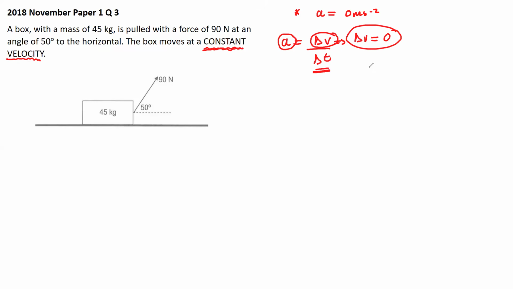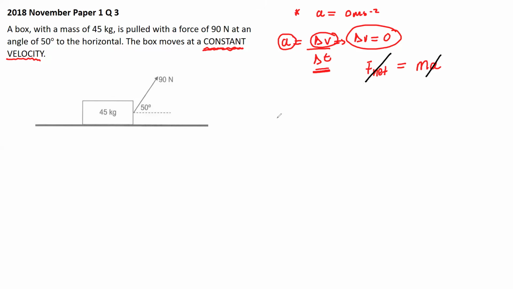But here's what it means further. Newton's second law told us that F net is mass times acceleration. Therefore, if the acceleration is 0 at constant velocity, it follows that the net force is also 0.